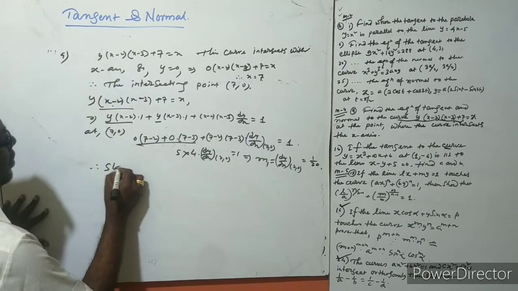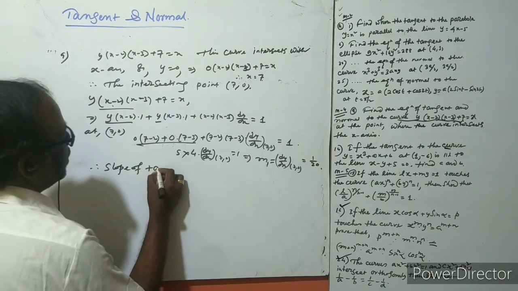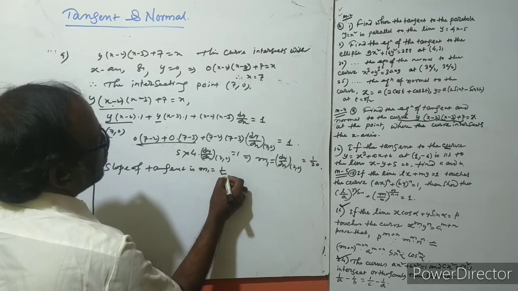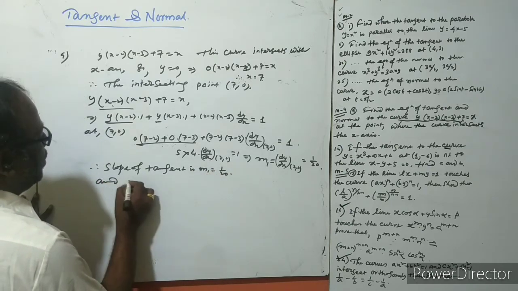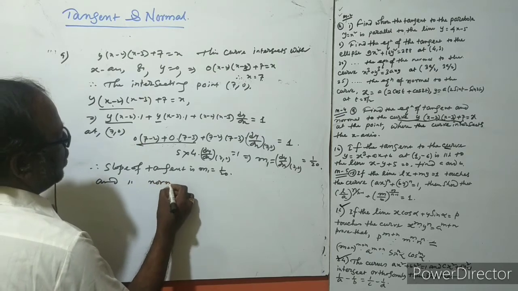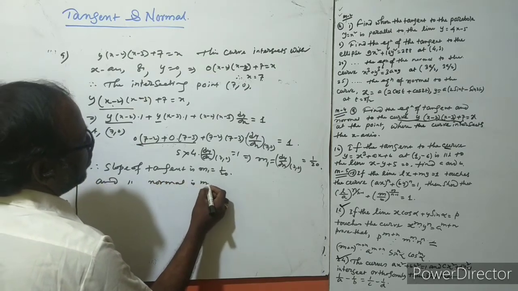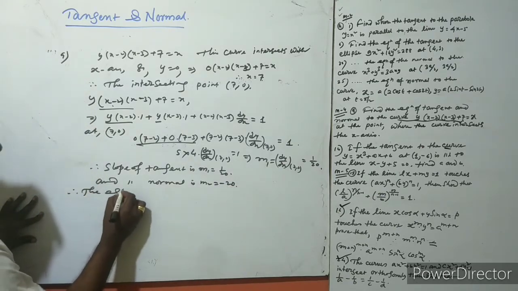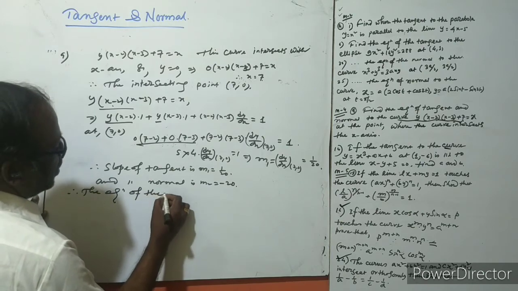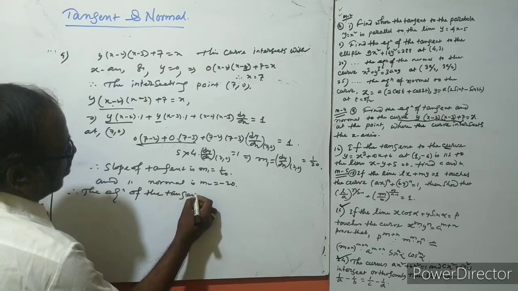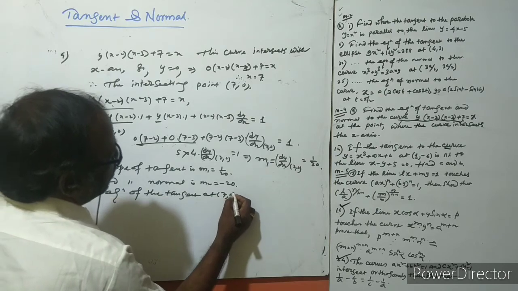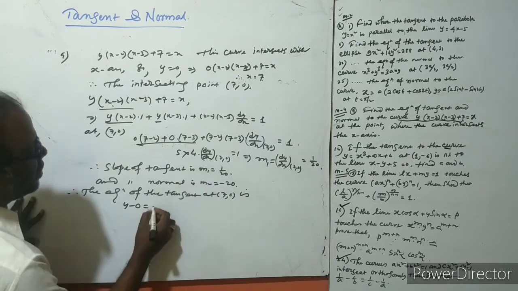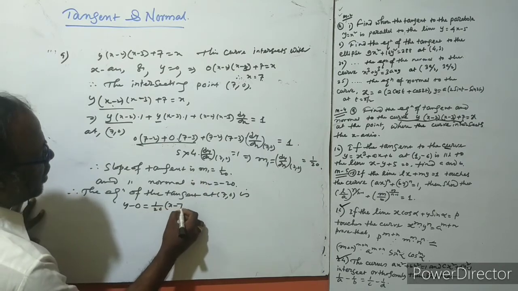Therefore, the slope of the tangent is m1 equal to 1 by 20, and the slope of the normal is m2 equal to minus 20. So the equation of the tangent at (7, 0) is y minus 0 equal to 1 by 20 times (x minus 7).